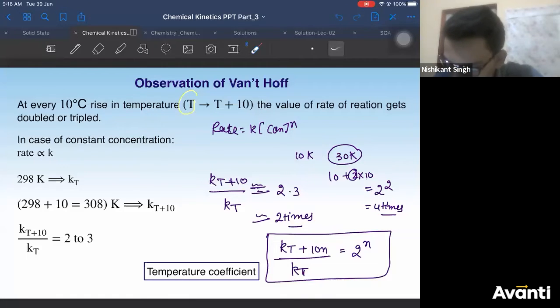Why is it written as tripled? No, it is not written as tripled. It is written between 2 to 3. It was found to be approximately 2.3, to be precise.